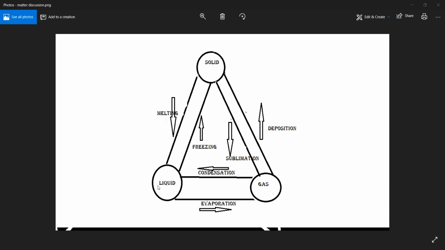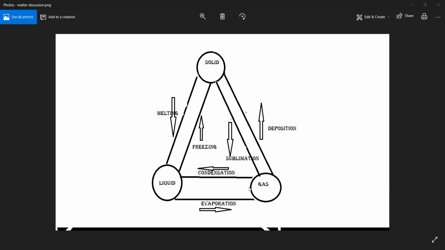That means the liquid is now changing into gas. First, it was a solid ice cube. It went through a process called melting. Then we are now here, a process called evaporation. Here, water has now changed into vapor.